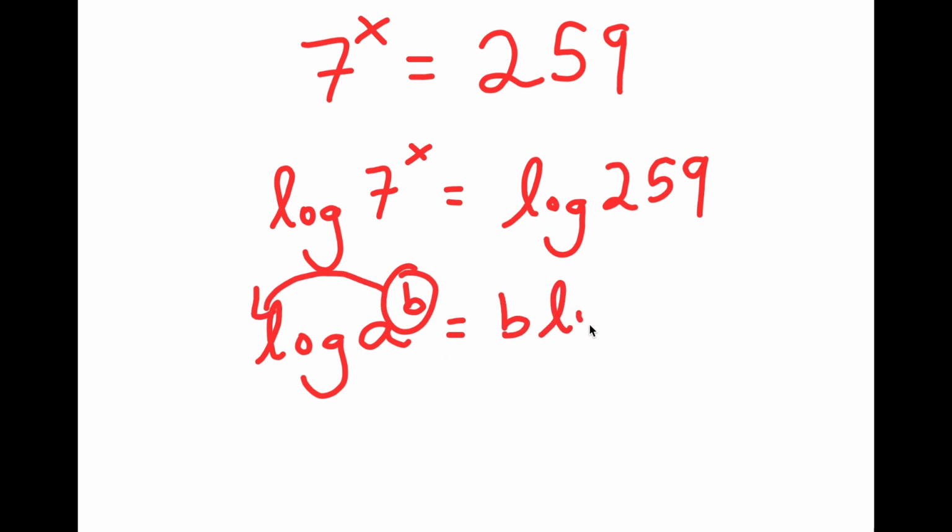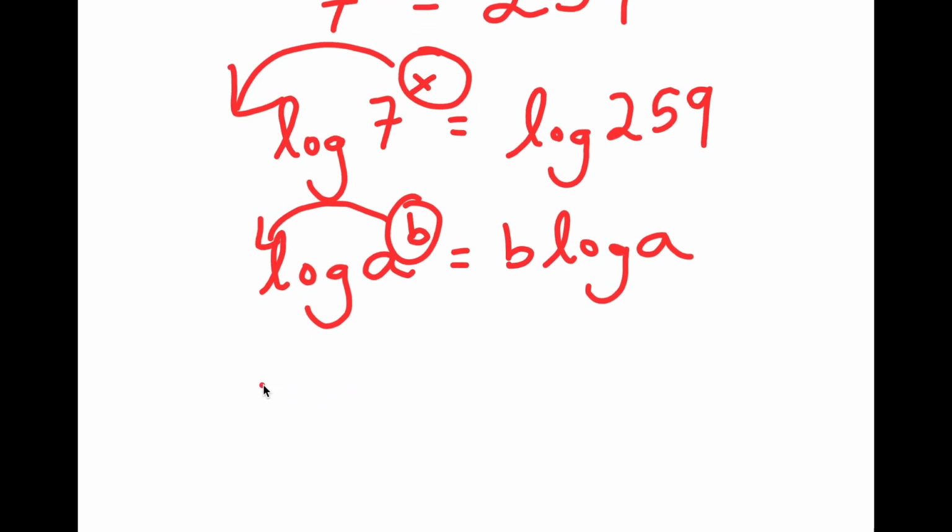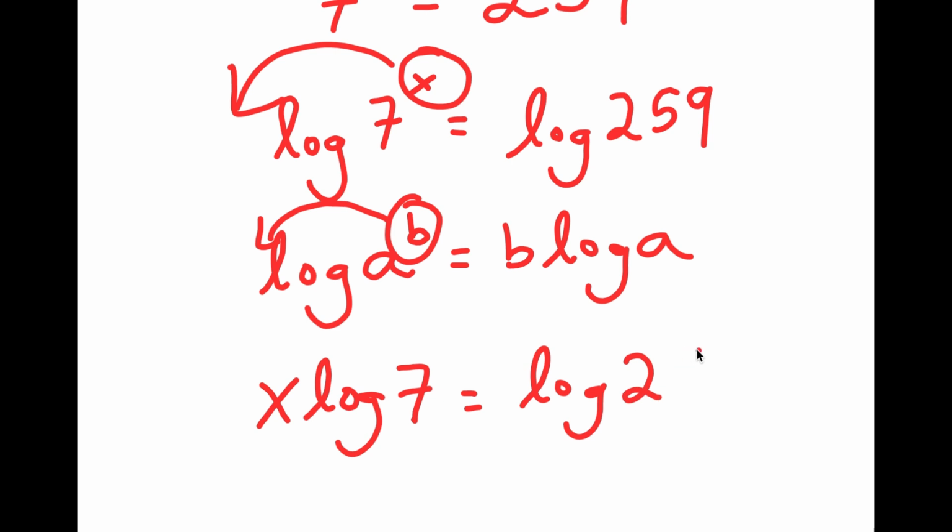So this is the same thing as b times log a. So in this case, I have log 7 to the power of x, and I can move x to the front. So now I get x times log 7 is equal to log of 259.